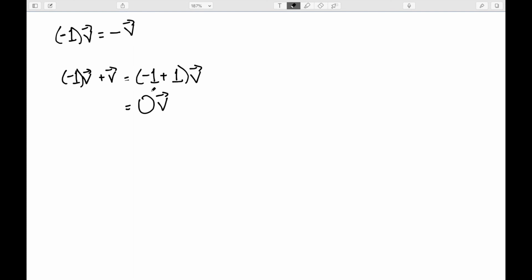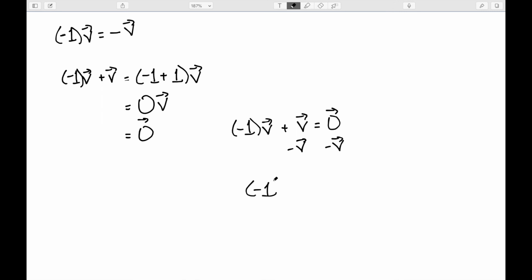Negative 1 plus 1 is 0, so now I have 0 times v. And I previously showed that that was equal to the 0 vector. So now I have that negative 1 times v plus v is equal to the 0 vector. And we can subtract v from both sides to get negative 1 times v is equal to negative v.